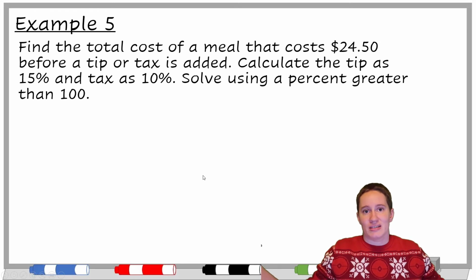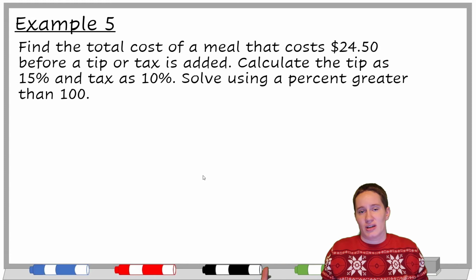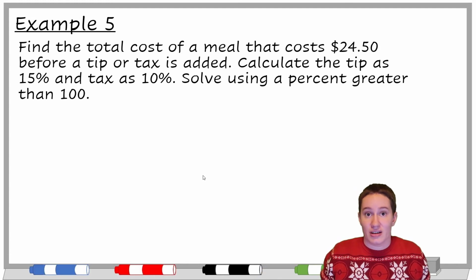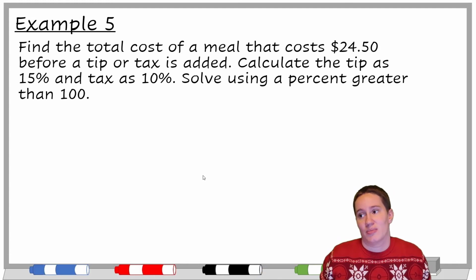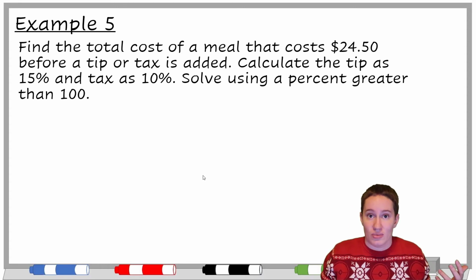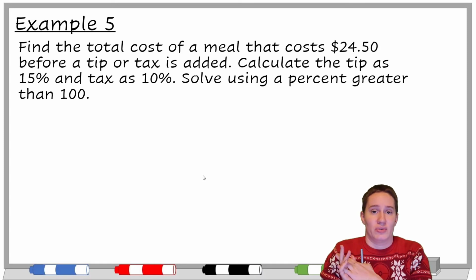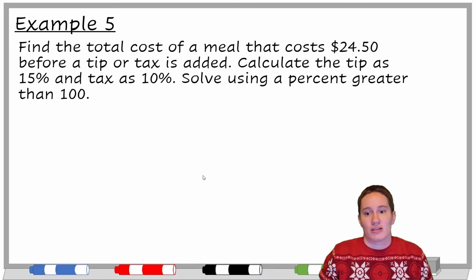Now we probably see percents all over the place. Like if you think about things being on sale, they often have percents attached to them. When we do things like calculate taxes or tips, we have percents attached to them. This is actually a similar problem to what we saw last lesson, where we calculated either tax or the tip or both.